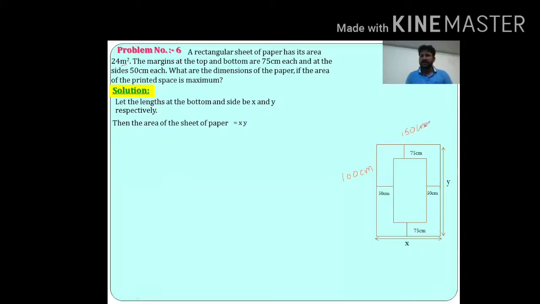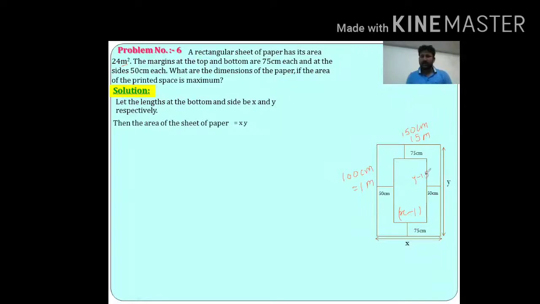Hence, convert these lengths also in terms of meters. So 150 centimeters converted to meters gives 1.5 meters, and 100 centimeters is equal to 1 meter. So for this printed space, the length will be x minus 1 meter, and the breadth will be y minus 1.5 meters.